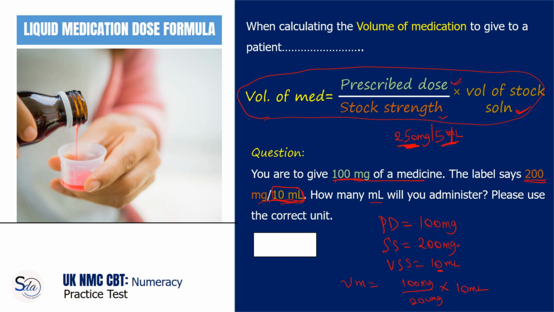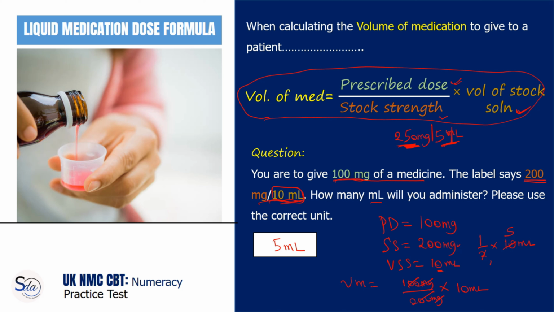Okay, so let's do our process. Milligram cancels milligram. These two zeros will cancel these two zeros. So in actual sense, we have 1 divided by 2 times 10 ml. 2 goes into itself 1 and goes into 10, 5. So 1 times 5 is 5. So we have 5 ml.